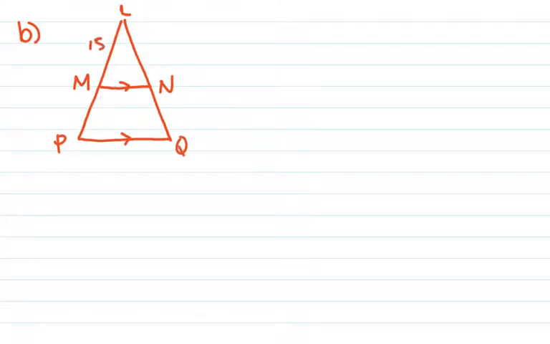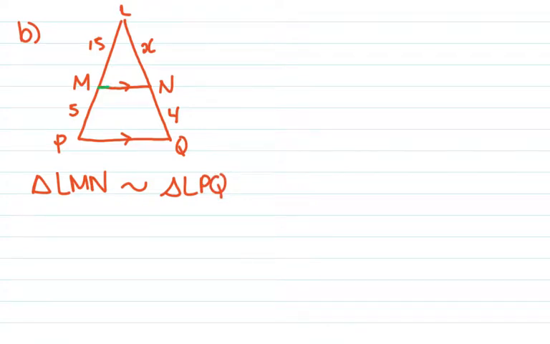ML is 15, MP is 5, and Q is 4, and LN we don't know, it's X. So that's what we need to find is X. Triangle LMN is similar to triangle LPQ. So this smaller one in here, it's the same shape but different size than this bigger one. Right? So we're going to compare those two, one inside the other.